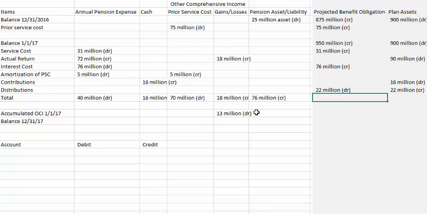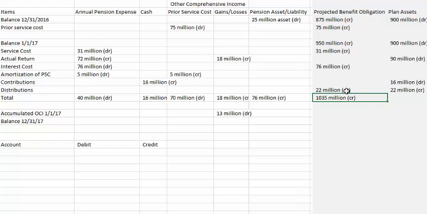You're going to go ahead and add up, starting with the beginning of the year projected benefit obligation, all the items. This credit would be a subtraction, the other ones would be an addition, and you would have $1,035 million credit balance. So you actually subtract the debits. I said that wrong when I explained that before.